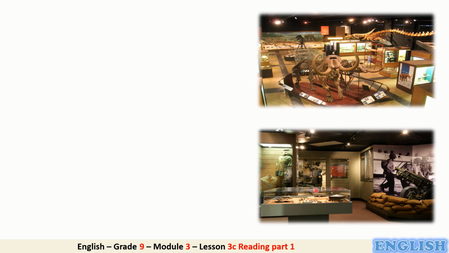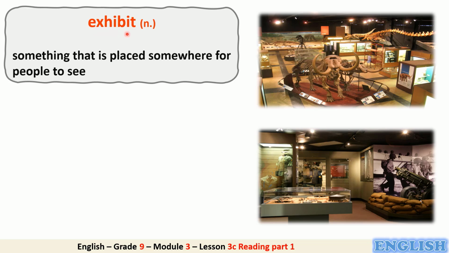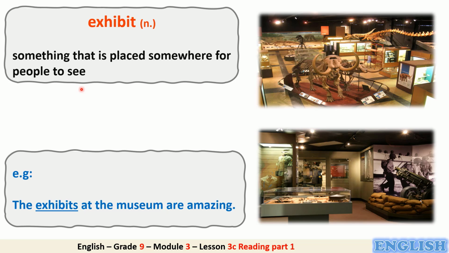Look at these two pictures. Exhibit, and it is a noun, which means something that is placed somewhere for people to see. For example, the exhibits at the museum are amazing.